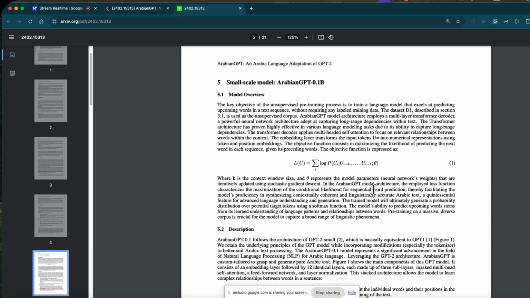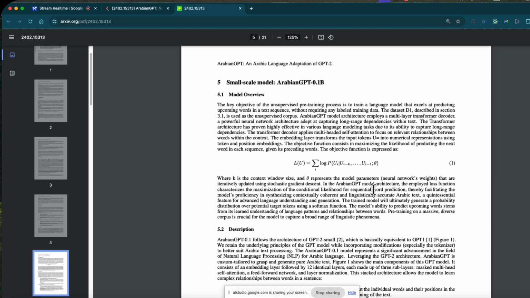Certainly. The equation represents the objective function for training the language model. The capital sigma symbol that looks like a large E means sum. Specifically, it means that we sum the terms inside the parentheses for all values from i equals 1 to t, so all words. Within the parentheses, we have log, the natural logarithm, applied to a probability.